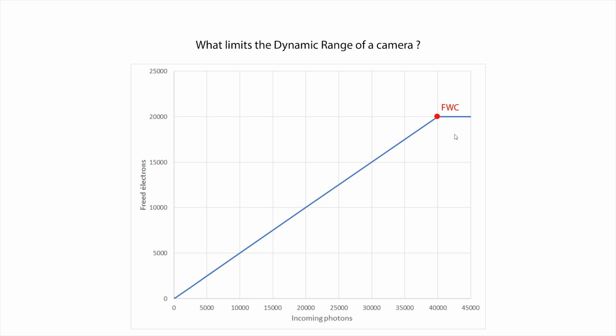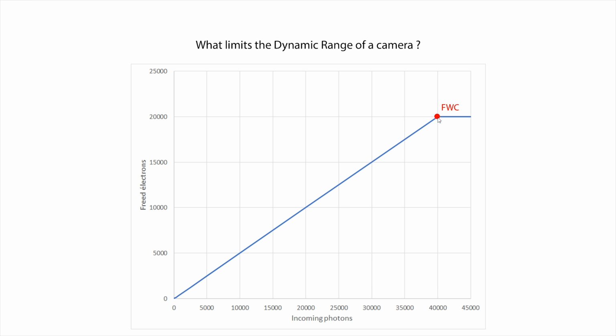Just as a side note, the ratio of freed electrons per photon during an exposure is called quantum efficiency. So in this example, in the graph you're looking at right now, the quantum efficiency is 50%, but that's by no means a rule. And what it means is that you need 2 photons arriving on your pixel to free up 1 electron. Now let's say we're here.